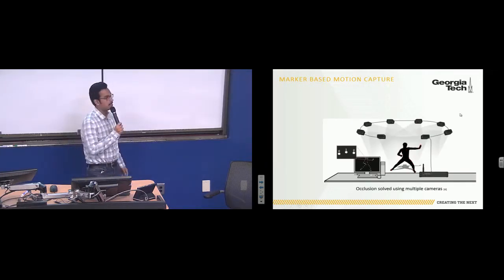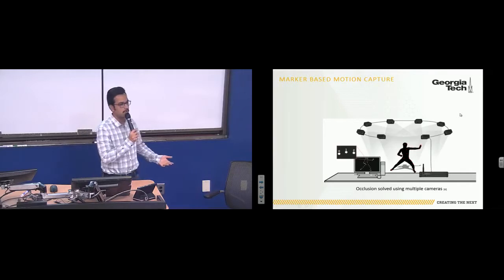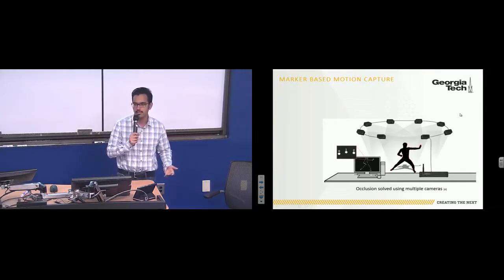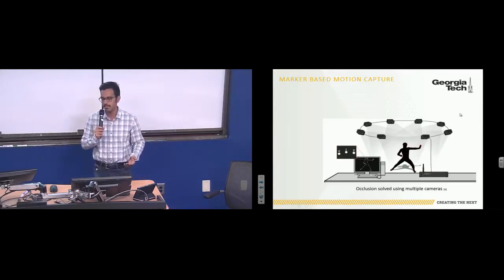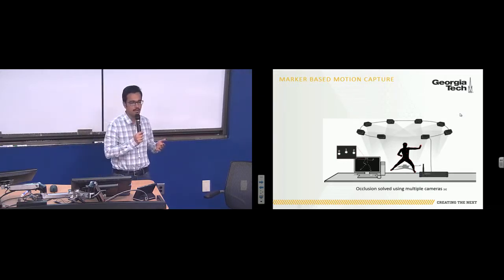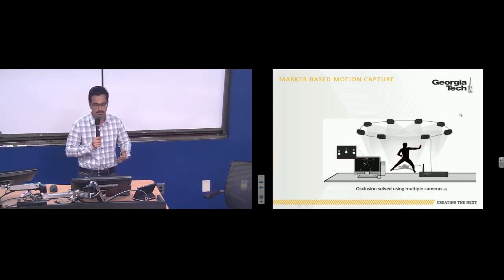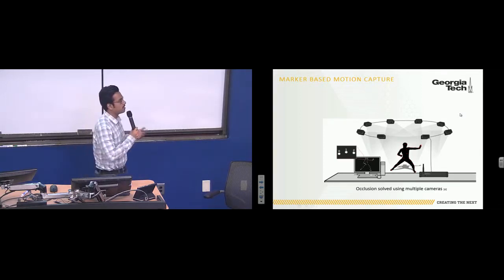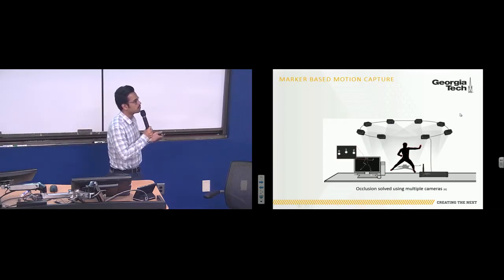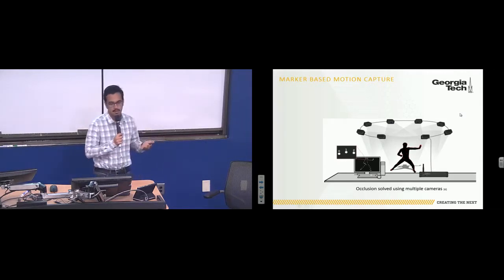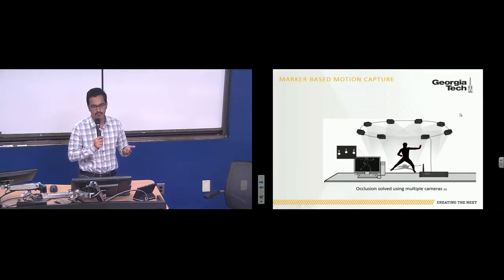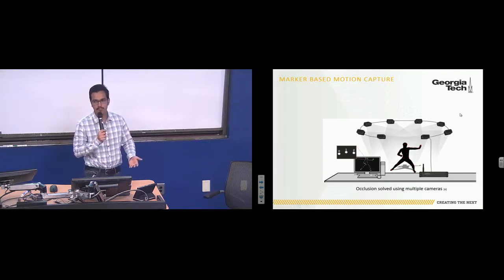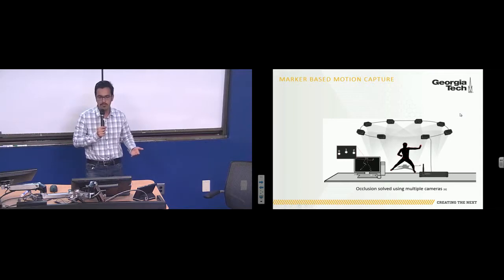Sounds simple enough, but then you run into the problem of occlusion, which is sometimes markers can be hidden from the field of view of the camera, or the observer's body can obstruct the markers. Several ways you can use to solve this problem is use a bunch of cameras and have the performer be always within the field of view of at least one camera to track all the markers.